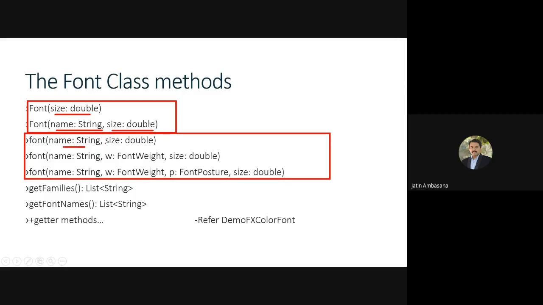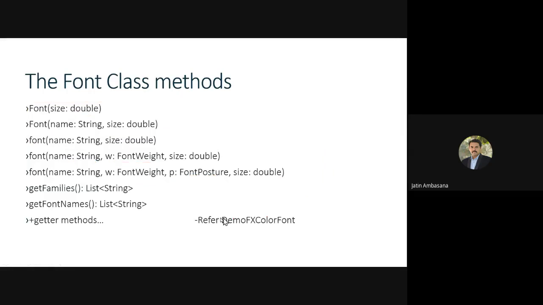You can provide name and size, name, font weight and size, or name, font weight, posture and size. And there is getFamilies, which gives the list of all the font family names, or getFontNames, which gives the list of font names, and there are getter methods.